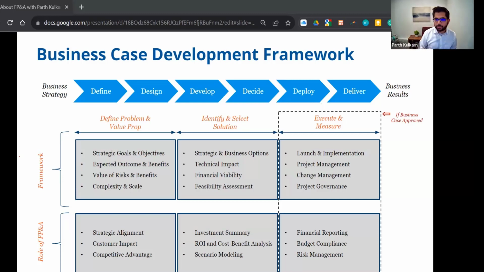It could be in terms of making minor shifts in the go-to-market execution strategy, to make sure that we are compliant to the budget, or that we are reducing the risk exposure that our business has. So these are the different steps, or work streams, that the FP&A team will be involved in in the third pillar.